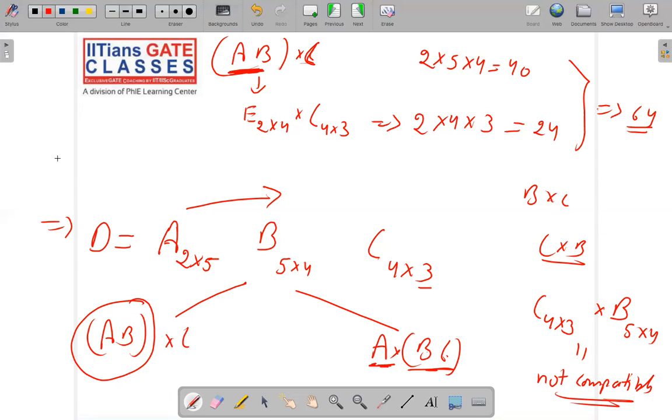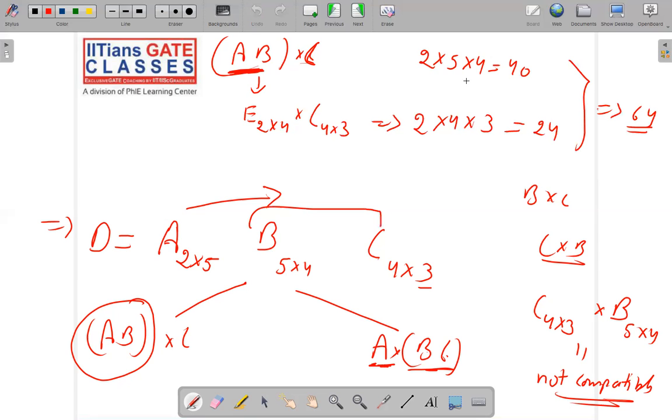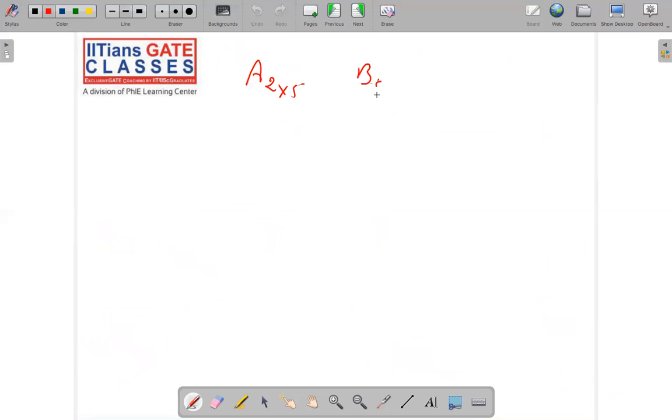Now let's consider the other one where we first multiply these two. Let's move on to the next page. So we have A with 2/5, B with 5/4, C with 4/3. Okay.